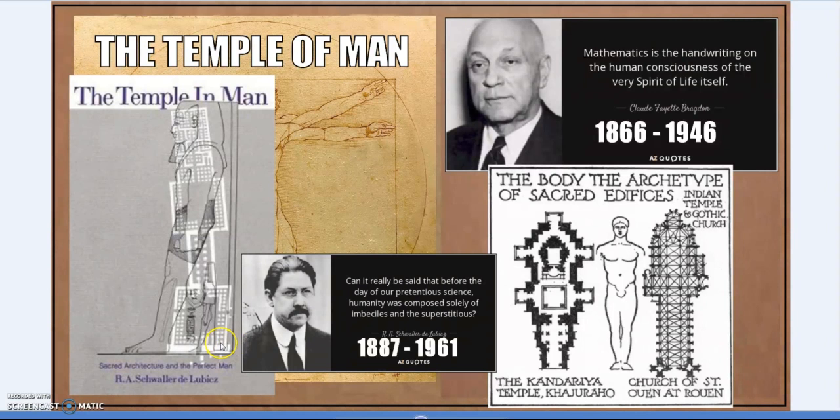But he also made a note of the modern meter, as we call it, being embedded in older temples. Now, Claude Bragdon, theosophist, architect, illustrator, writer as well, wrote the foreword for Ouspensky, if I remember correctly.